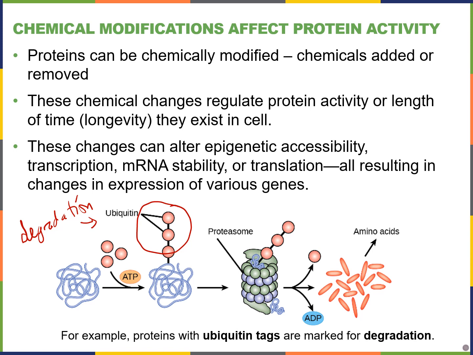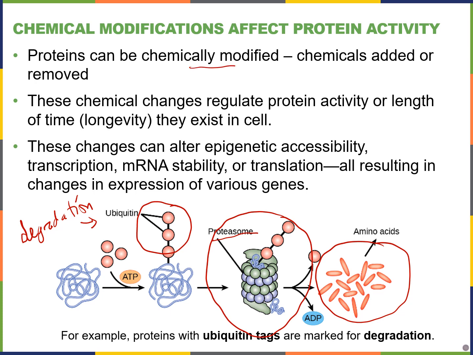It's now complete. What happens is that the protein will enter this complex known as a proteasome. It kind of looks like a trash can almost. And this will chop up your protein complex so that you can reuse those amino acids to build other proteins. So these proteins are chemically modified, as we can see, and that changes the lifespan or longevity of the proteins in the cell.